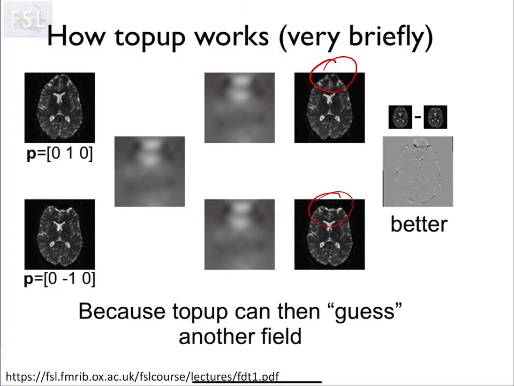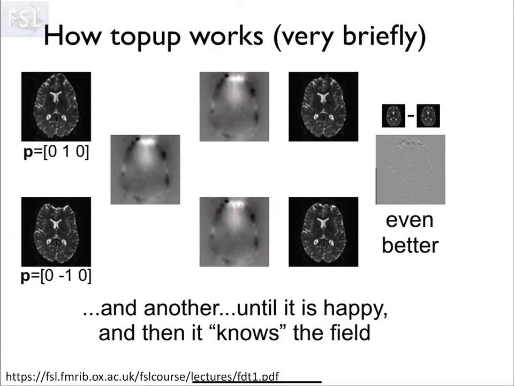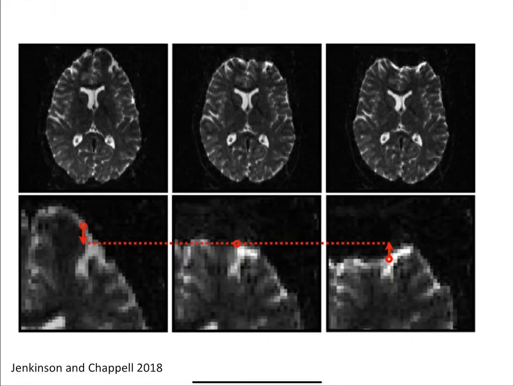And it just keeps using that information to come up with a better estimate. And so here, it's fairly good, and then it stops when it thinks it's good enough. So it's basically this iterative algorithm that's trying to estimate the fields, and then for each field, it comes up with images and then corrects the images. And this is just showing, before and then after, it's sort of corrected it quite well.